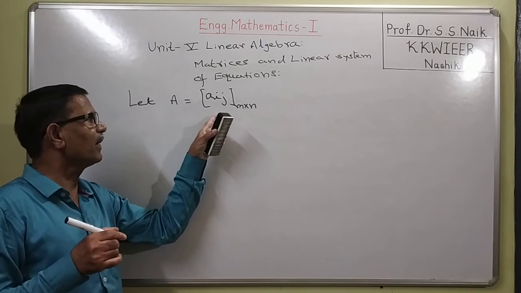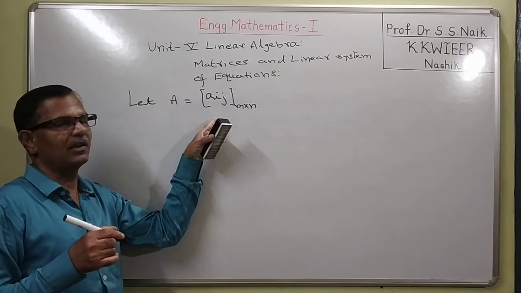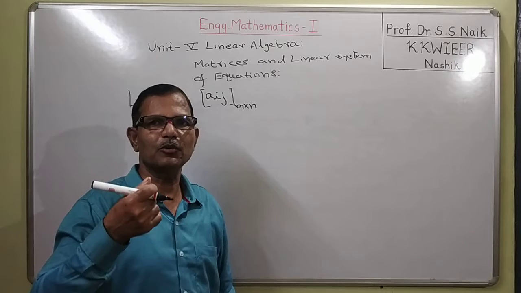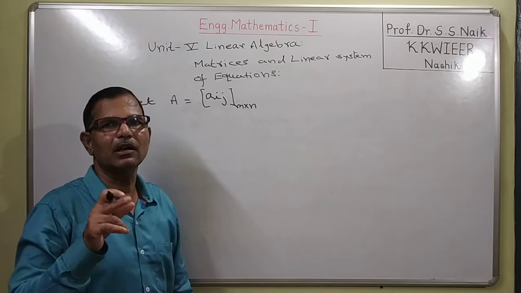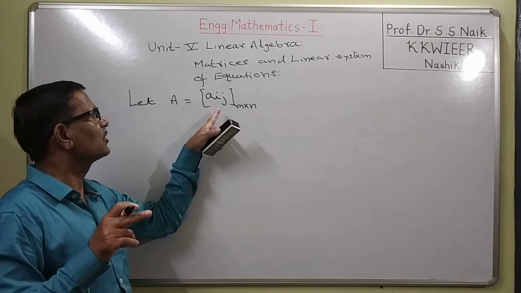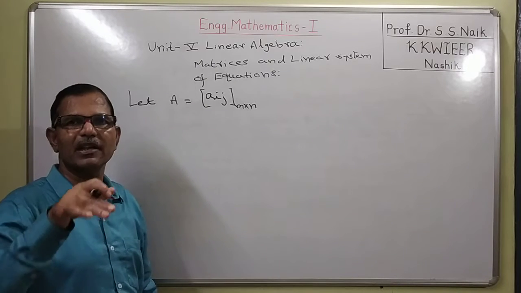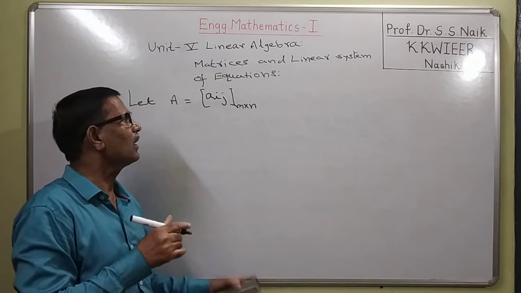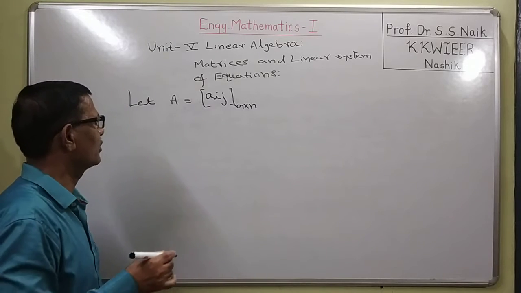So we will first define the rank of this matrix. Now, before defining the rank of a matrix, we have to see the sub matrices in that, the minor of the matrix in that, and the corresponding rank of a matrix. So I will start with this.